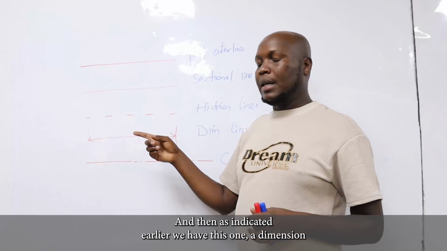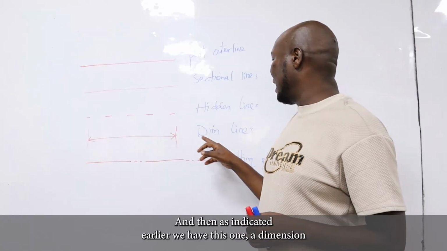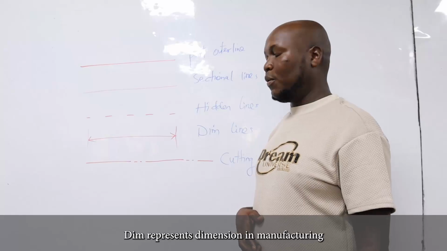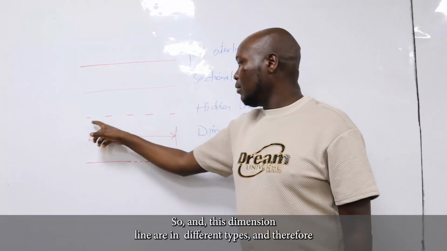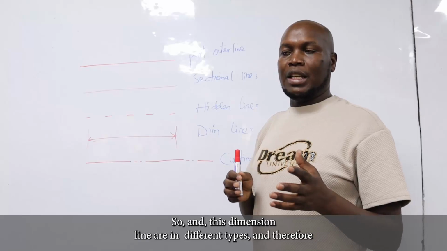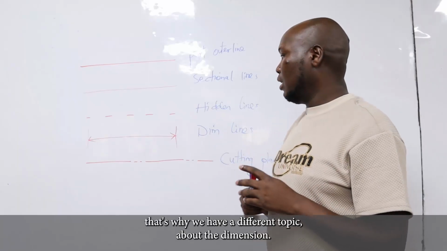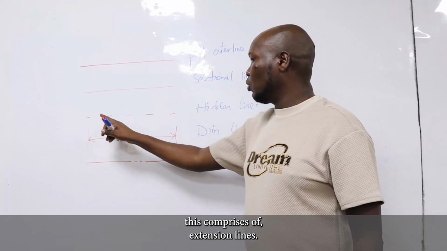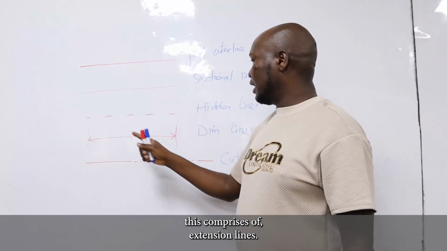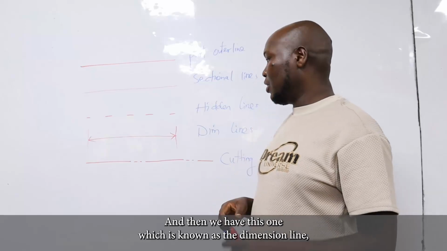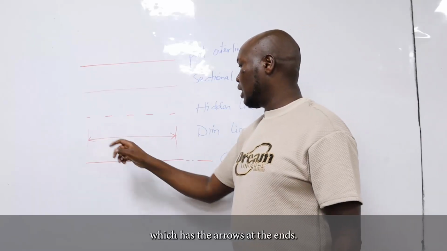And then as indicated earlier, we have the dimension line. Dim represents the dimension in manufacturing. This dimension has different types of lines, which is why we have a separate topic about dimensioning. It comprises extension lines, and then the dimension line, which has arrows at the ends.